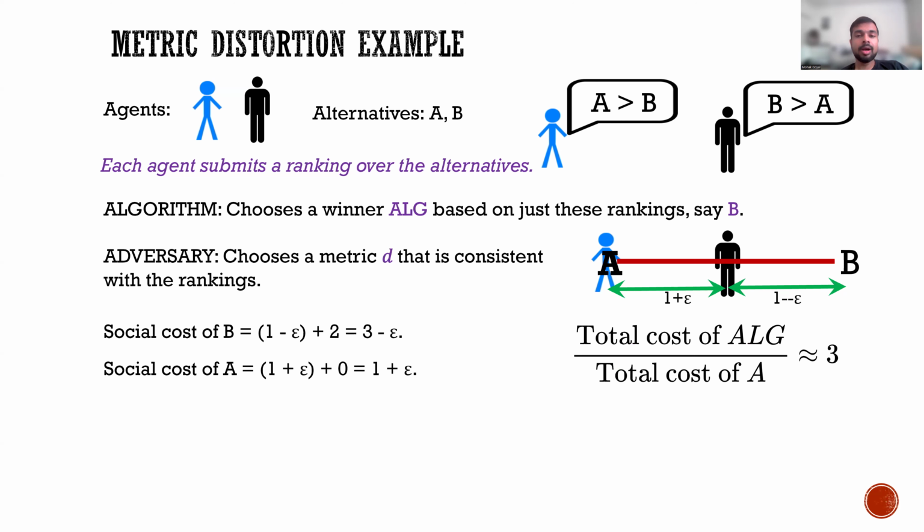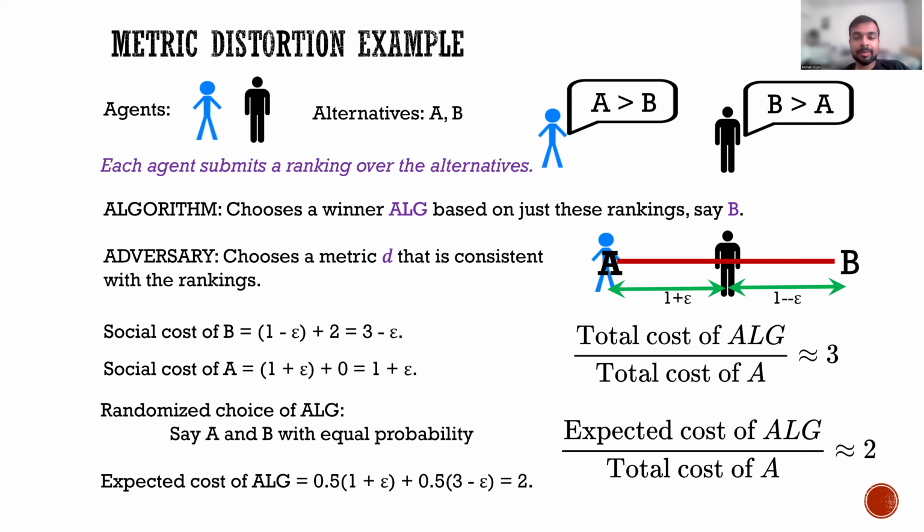So in this case, the algorithm which picks B has an approximation factor of 3. We can also randomize our choice, and if we picked our winner between A and B with equal probability, then in expectation the total cost of the algorithm would be 2.